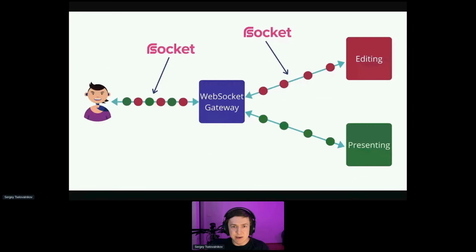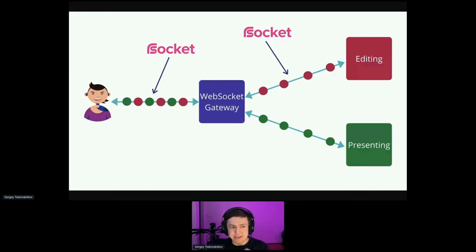That way, the WebSocket gateway could accept all of the incoming RSocket connections, and it would understand which backend each message belongs to because of the metadata, and would route it appropriately. For example, both editing and presenting messages can be sent into the same connection, but then the WebSocket gateway would receive the connection, unpack the messages, and let them flow to the appropriate servers.